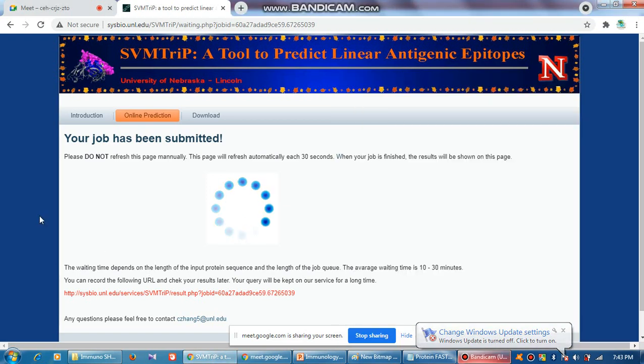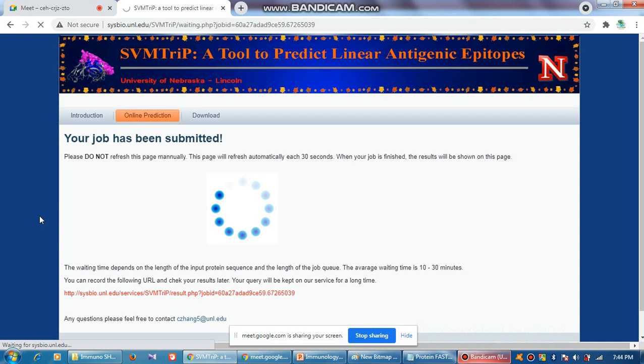So it will take a little time. It will eventually find out your antigenic epitopes.